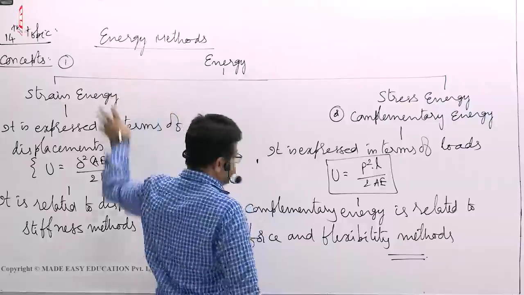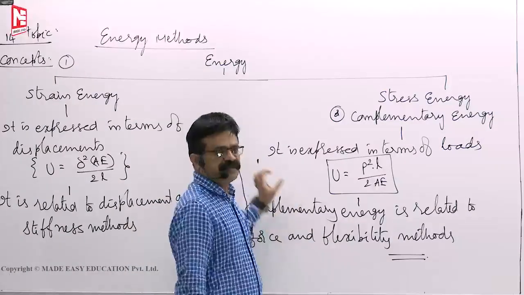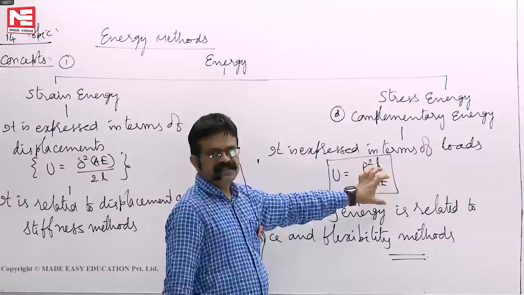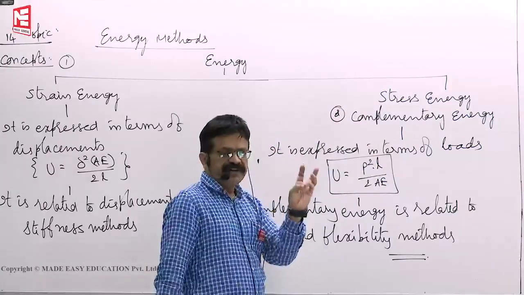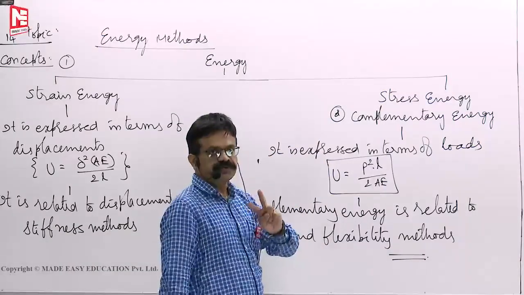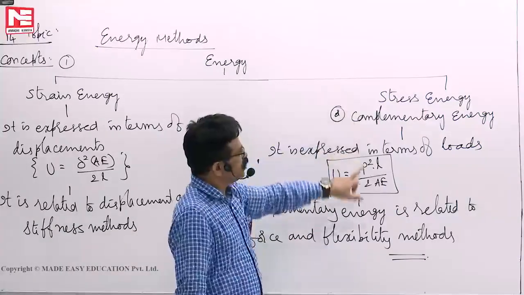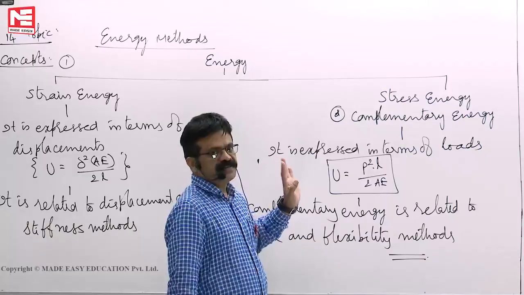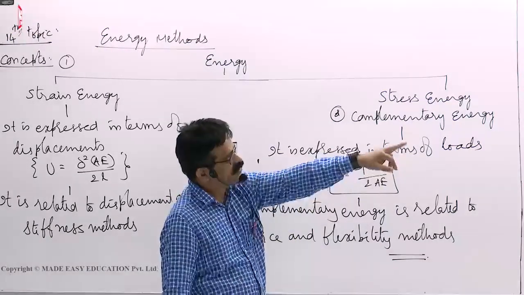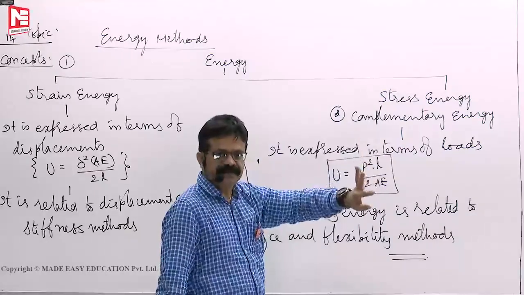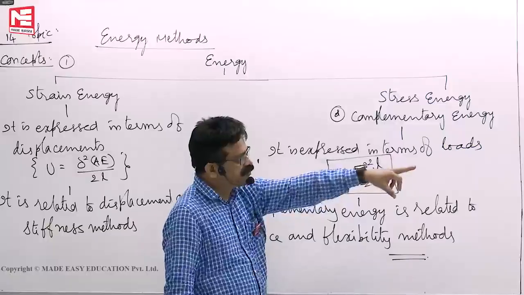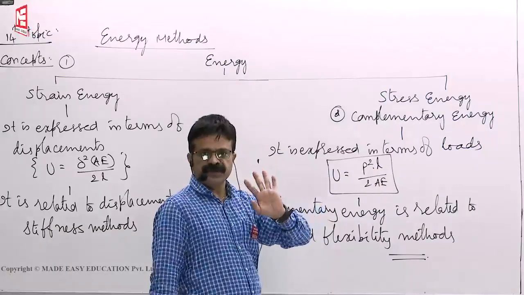On strain energy, we have Castigliano's theorem 1. On complementary energies, we have the Crotti-Engesser theorem and Castigliano's theorem 2. They are based on complementary energies. Castigliano's theorem 2, as I told you, because strain energy and complementary energy are the same, is applicable to linear elastic materials only.